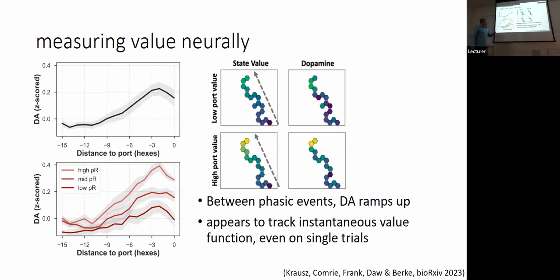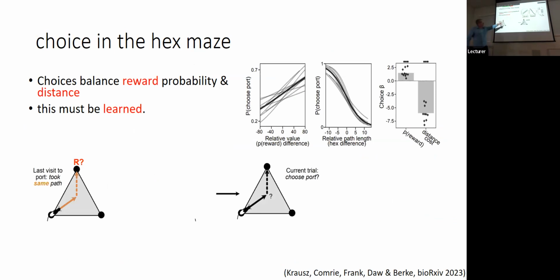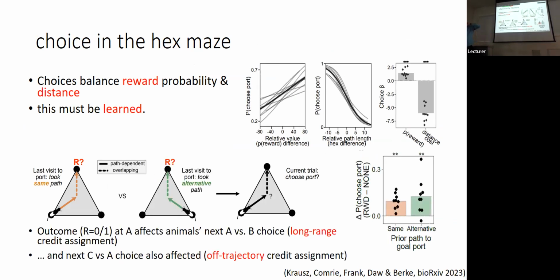And I think the reason is, you see from the choices, and I think this is also true of dopamine, we move the walls around a lot. So the distance from here to here can be very short or very long, depending on the block. And choices are definitely, as you can see, exquisitely sensitive to this, but I think neural value is also.